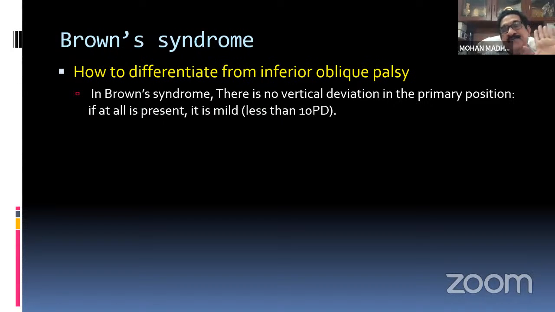In the case of thyroid ophthalmopathy also, you would not get an overaction of the muscle. It will be normal in the primary position. When put in the action of that particular desired muscle action, then only the restriction will become manifest, because the relaxation needs to occur only in that position.